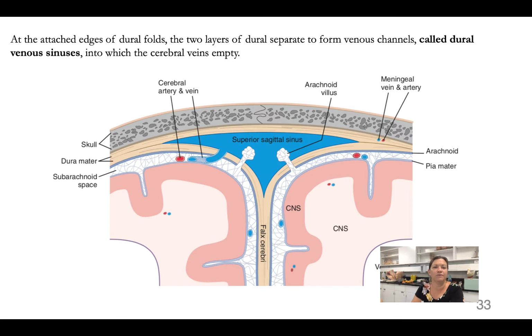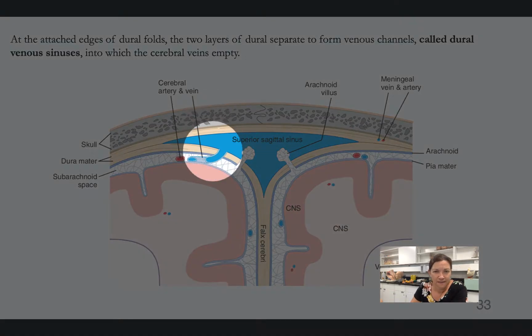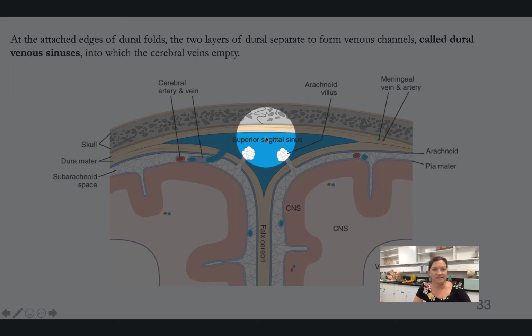So if you remember, there are bridging veins that travel from the subarachnoid space into the sagittal sinus. We know that cerebral arteries and veins typically occupy the subarachnoid space. But of course, those veins have to bridge the meningeal dura in order to access the sinuses, in this case, the superior sagittal sinus.